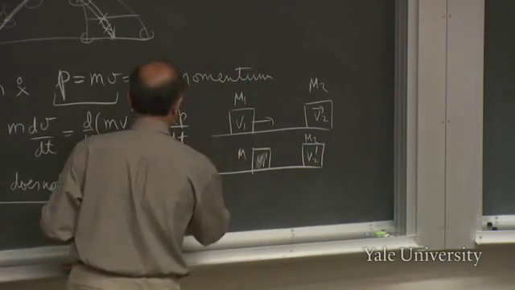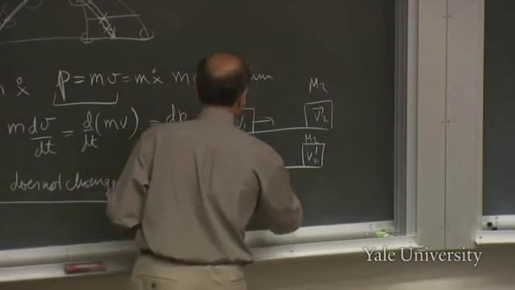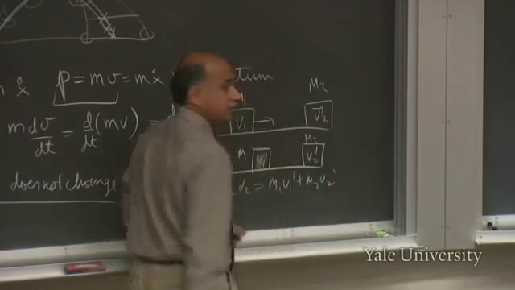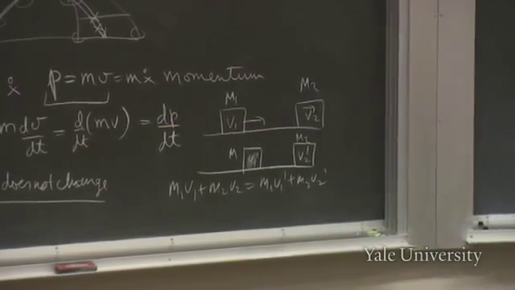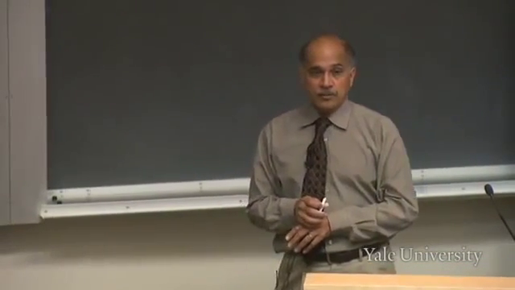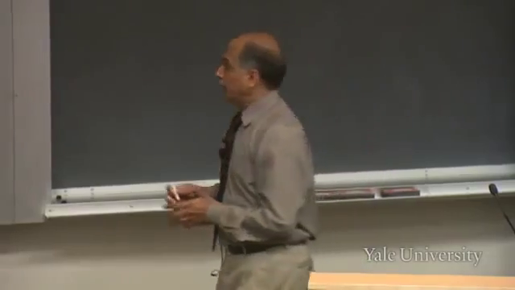What I'm telling you is that m1 v1 plus m2 v2 will be equal to m1 v1 prime plus m2 v2 prime. In a collision, of course, one block exerts a force on the other block, and the other block exerts an opposite force on this block. That's the reason why, even though individually the momenta could be very different, finally the momenta will add up to the same total.